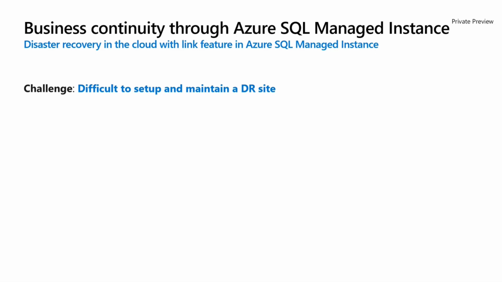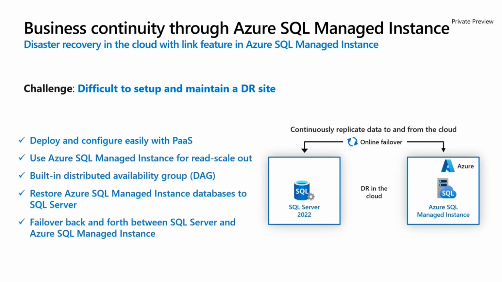We need to have the connectivity, etc. And then, with SQL Server and availability groups, we can do this synchronization synchronously, asynchronously, well, depending on our needs, right? But now, for the very first time, we will be able to do it very easily, right, between SQL Server 2022 and managed instance, right?